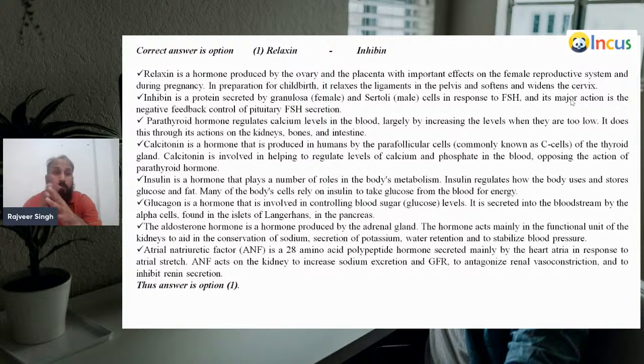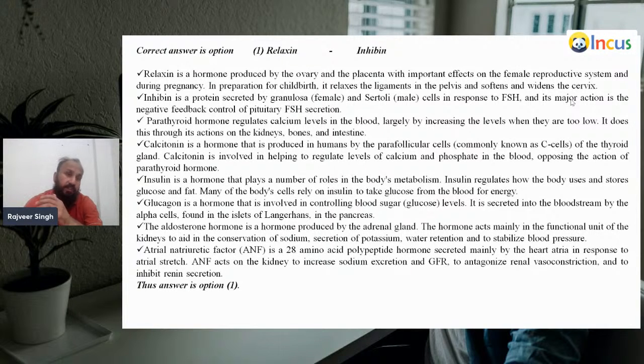Then, parathyroid hormone regulates the calcium level in the blood largely by increasing the level when it is too low. It does this through its action on the kidney, bones, and intestine.